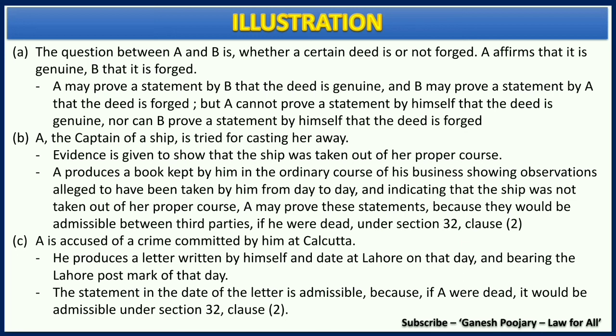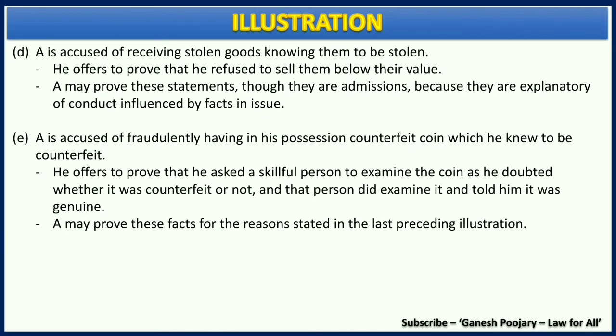With that, I am going to illustration D. Illustration D is about receiving stolen goods and A is the accused here. What happens normally when someone receives stolen goods? They try to sell it as early as possible, and to achieve the same, they try to sell it for a lower price.